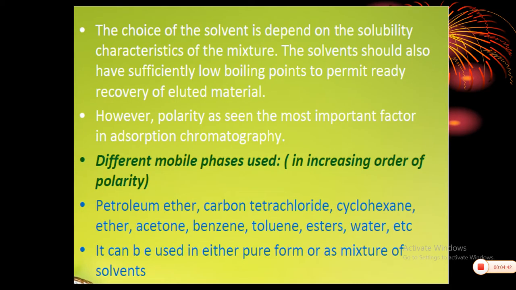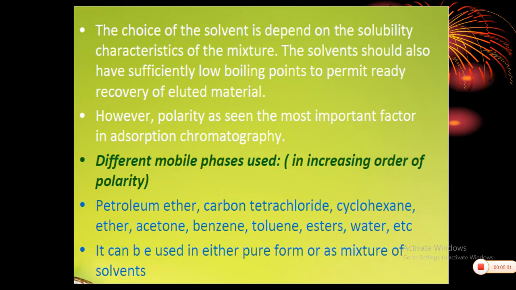The choice of the solvent depends upon the solubility characteristics of the mixture. The solvents should also have sufficiently low boiling points to permit ready recovery of the eluted material. However, polarity, as seen, is the most important factor in adsorption chromatography.